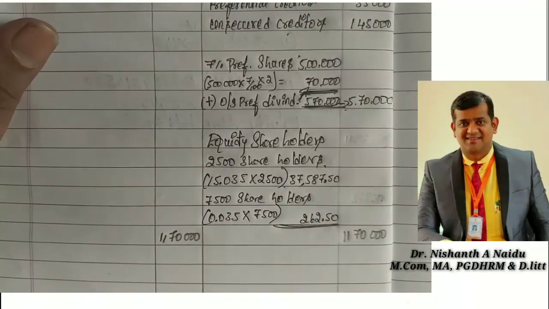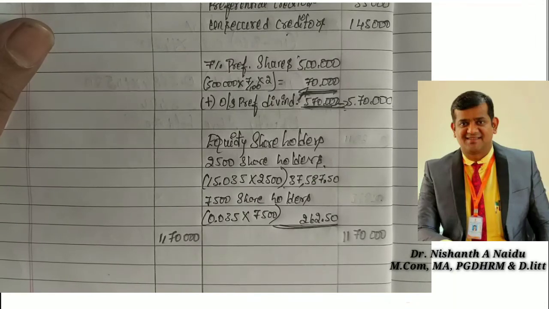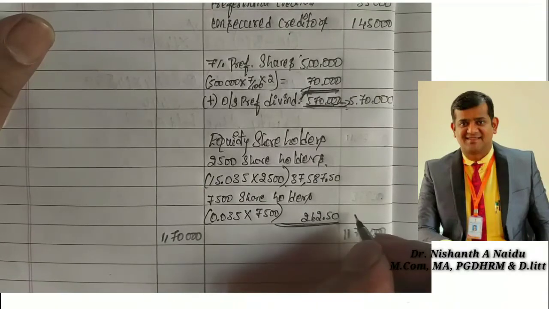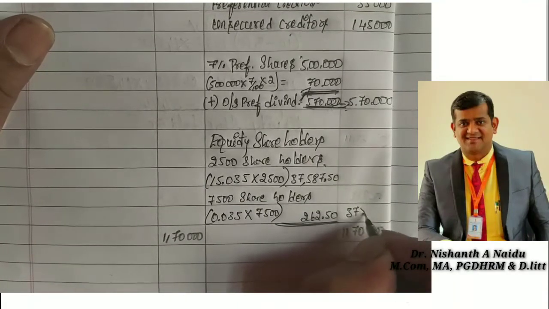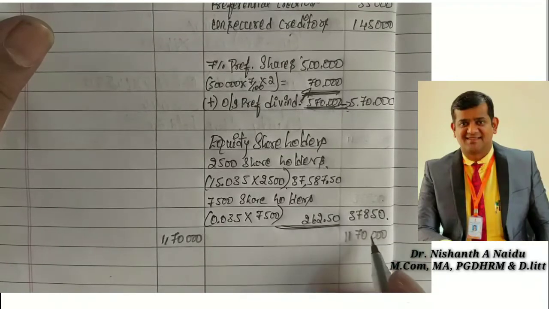So now the total, 37,587.50 plus 262.50, comes to 37,850. So this is the same difference I have written here.